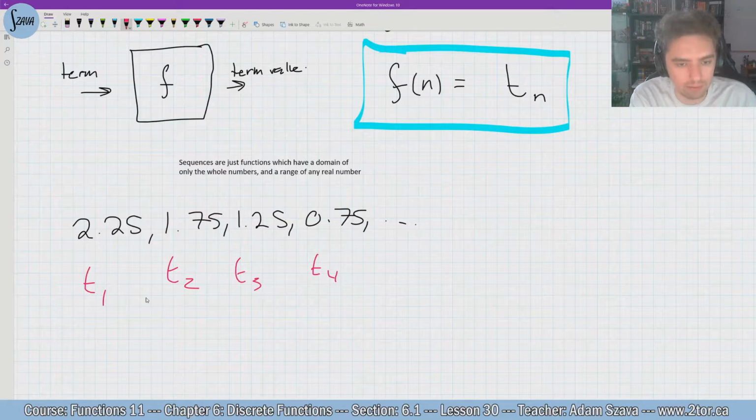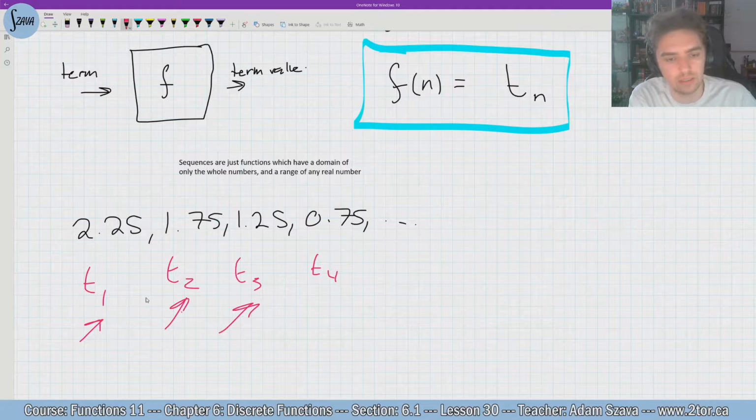It's not term 3.5. The term number has to be a whole number. So that means the domain of the function that defines the sequence is only whole numbers, and the output is any real number.